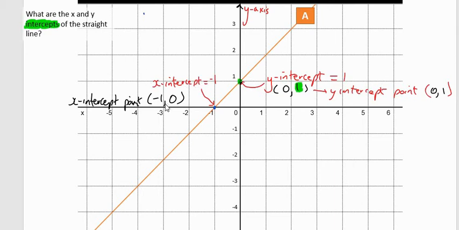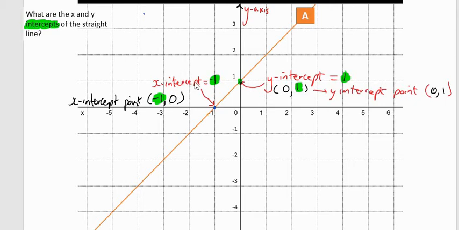For the x-intercept, we see -1, and in the x-intercept point, the x-coordinate is -1. For the y-intercept, the y value is +1, and the y value of the y-intercept point is +1. Very good. I'm happy that you see that.